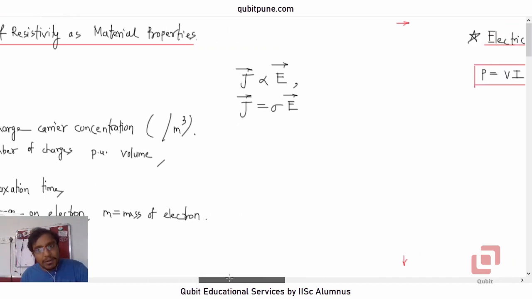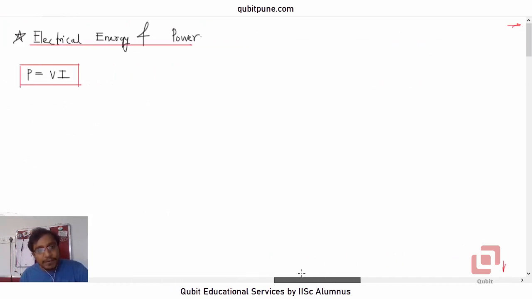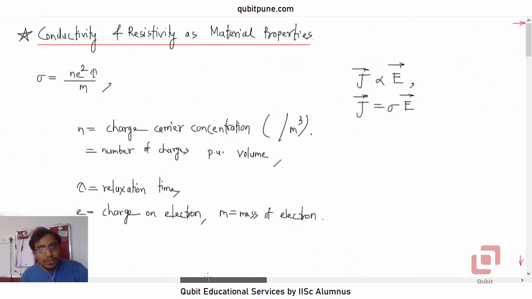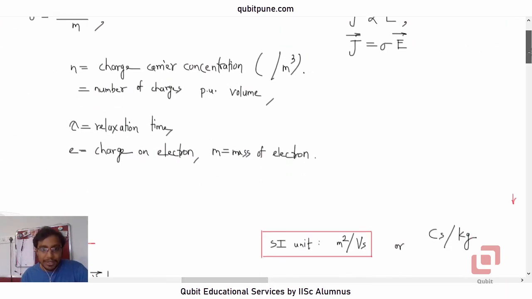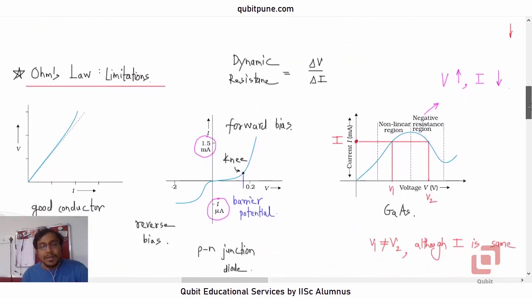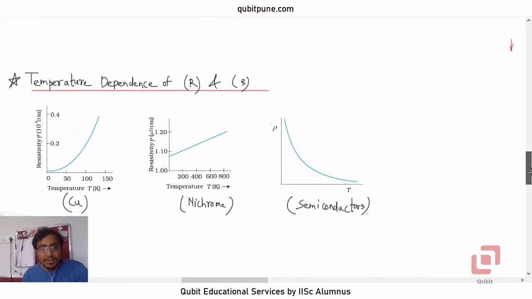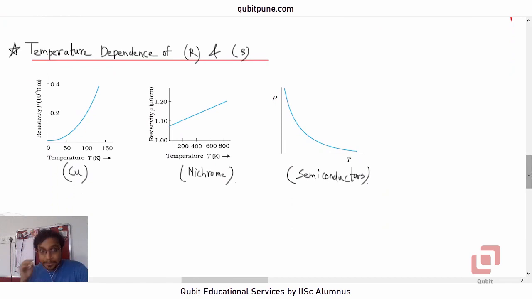But what we have found is that whenever a body has non-zero resistance, the conductor will get heated and the energy will be dissipated. It has also been found that both resistance and resistivity depend on temperature, and for conductors like copper, the temperature dependence of R or resistivity is approximately linear.